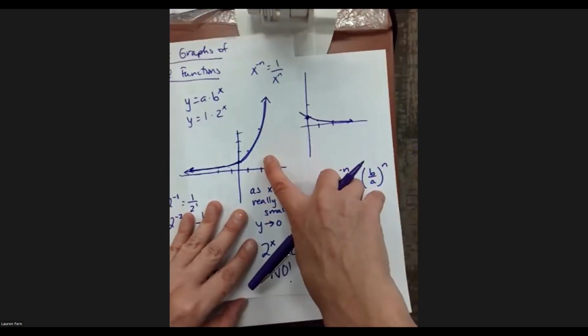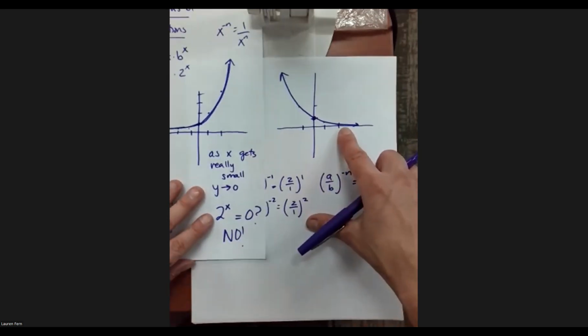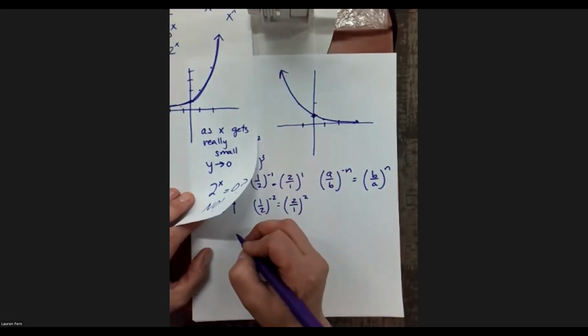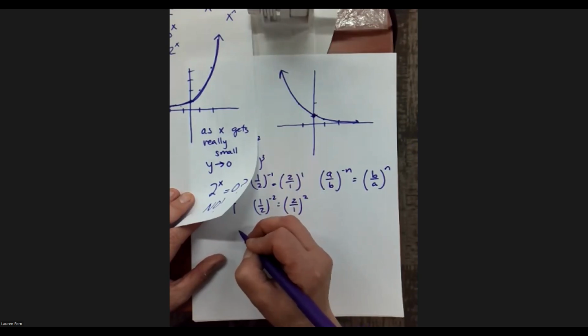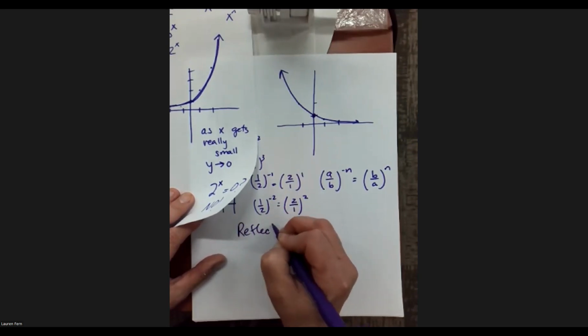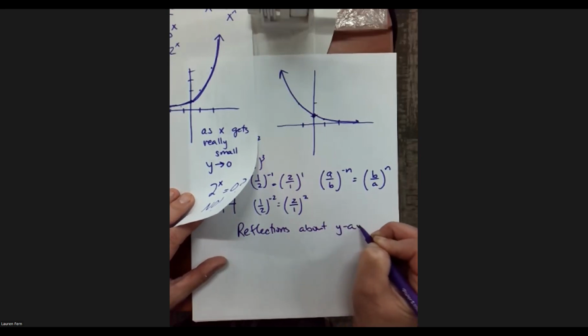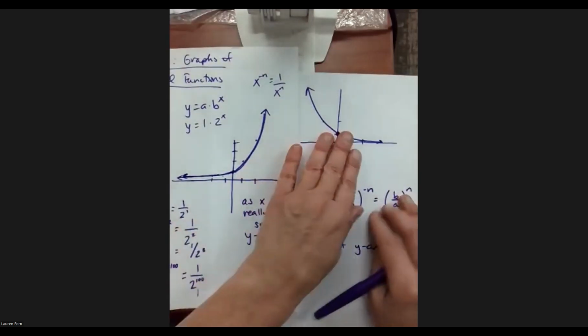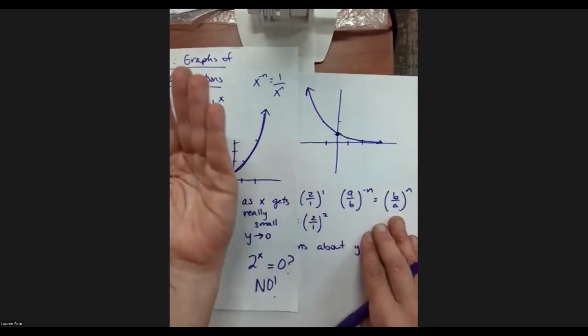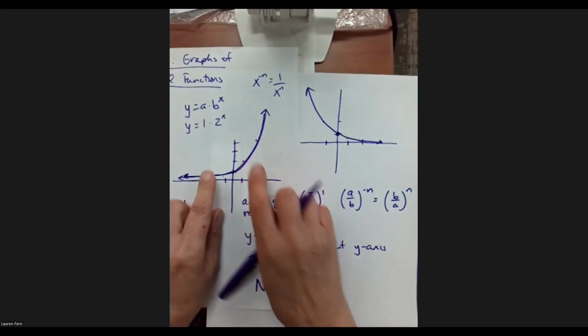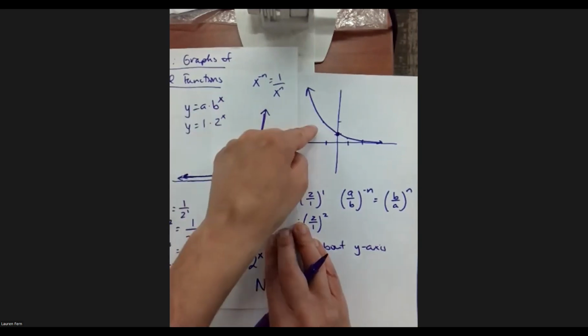This was 2 to the x, and this is 1/2 to the x. I claim that these graphs are reflections about the y-axis. Doesn't that look like it? Take this one and bebop it, and you get this one. Or take this one, bebop it, and you get this one.